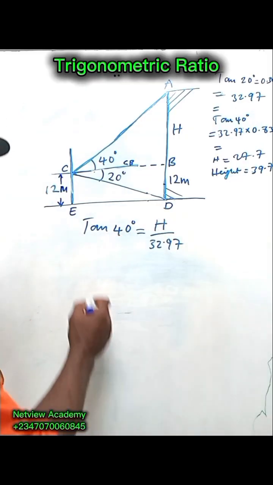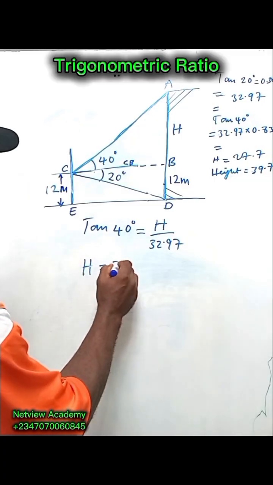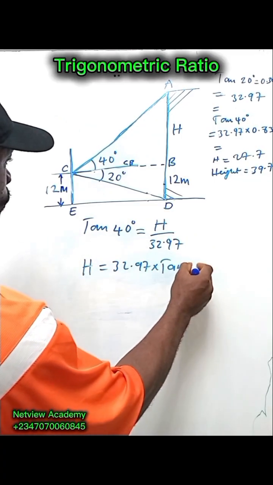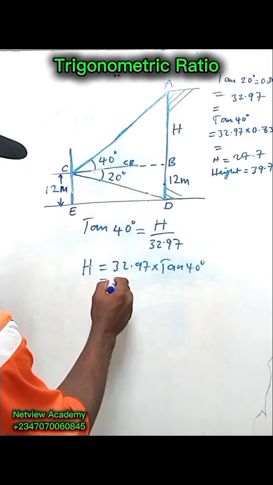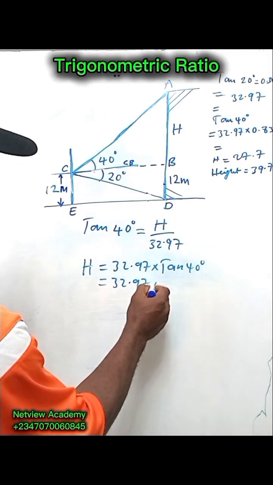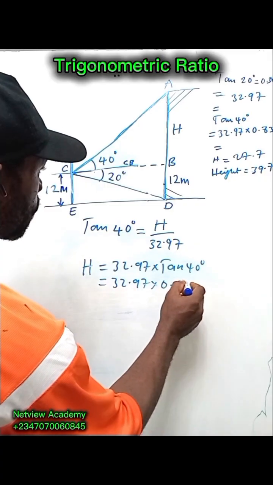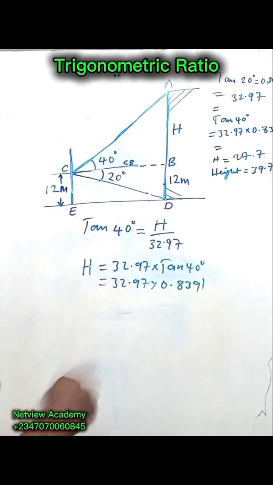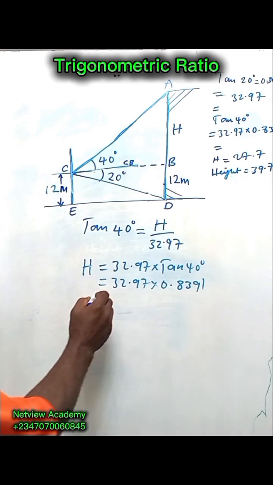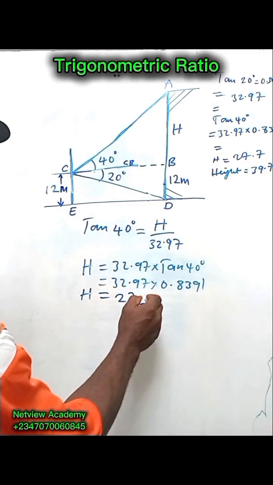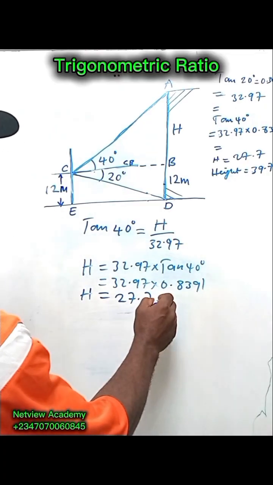Therefore, if we cross multiply, H is equal to 32.97 multiplied by tan 40 degrees. The value of tan 40 degrees is equal to 0.84. Therefore, the value of H is equal to 27.7 meters.